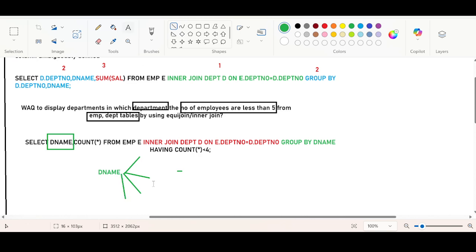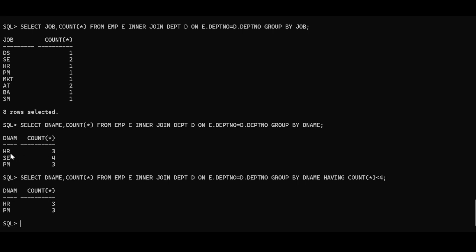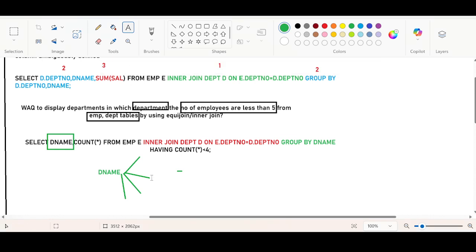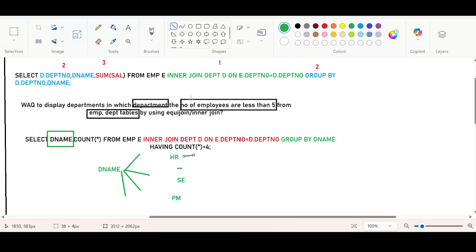After grouping, you are finding what? You are finding the count. In our example, what is the count? You have HR, you have SC, and you have PM. This is going to give you the count of how many HRs, how many SCs, and how many PMs, which is given by using this count function.